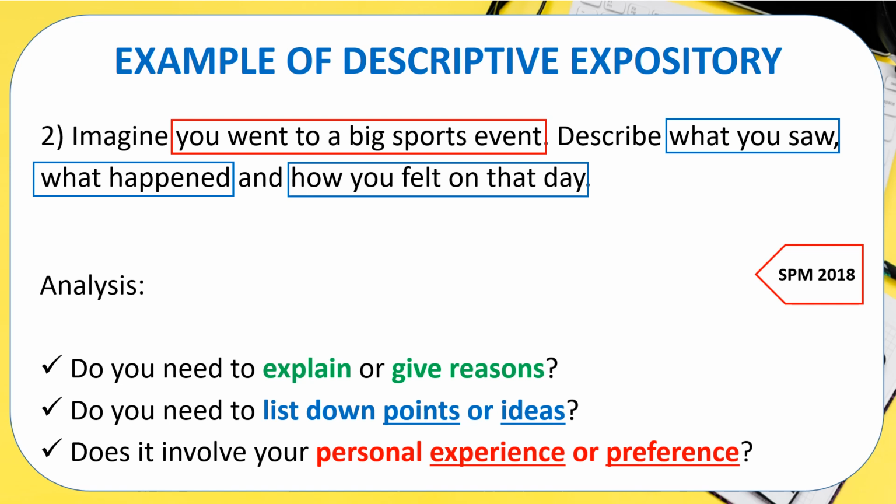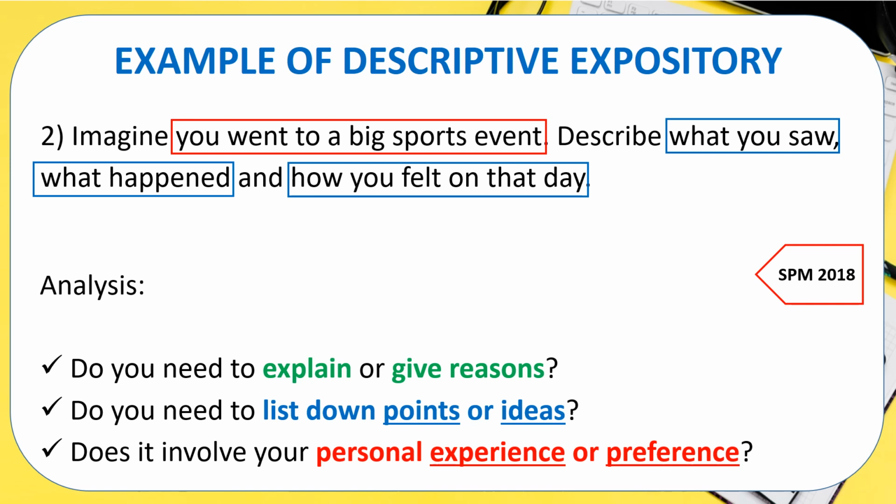You can plan a plot, a sequence of events. For example, you are going to a big sports event, let's say a football match, right? So first you go buy the ticket, and then you go and watch the match. And let's say when you buy the ticket, something happened, right?